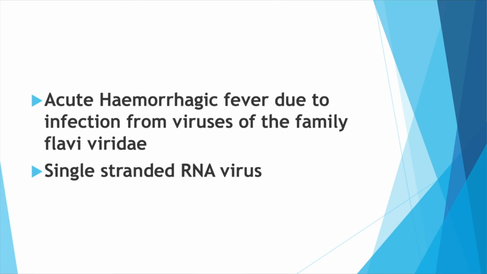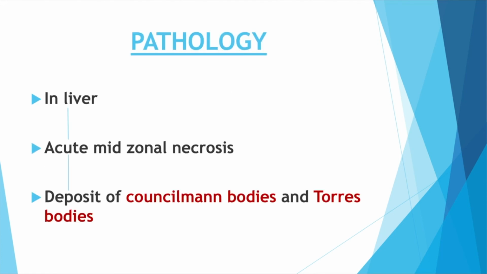Yellow fever is an acute hemorrhagic fever due to infection from viruses of the family Flaviviridae, single-stranded RNA virus. Pathology. In liver, acute midzonal necrosis occurs that will lead to deposit of Councilman bodies and Torres bodies.